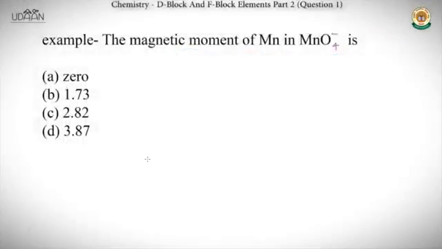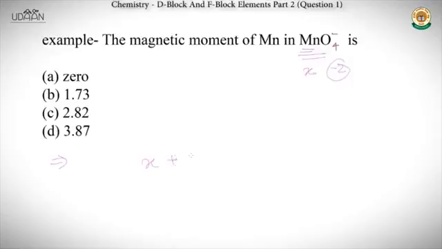Now let's solve this question in which we have to find the magnetic moment of Mn in the compound MnO4 minus. To calculate the oxidation state of Mn in MnO4 minus, we take the charge of Mn as X. The charge of oxygen is always minus 2.